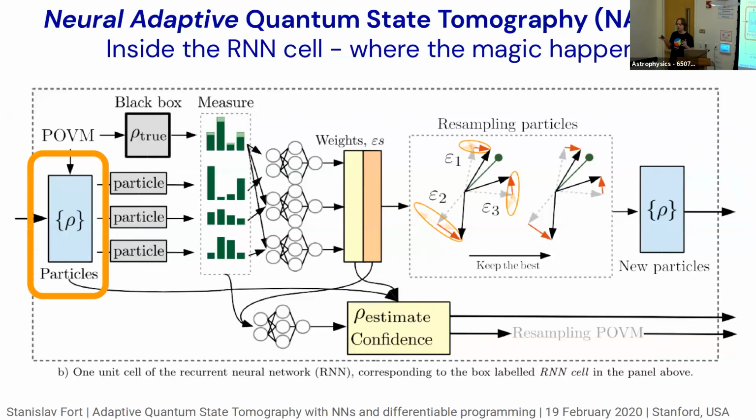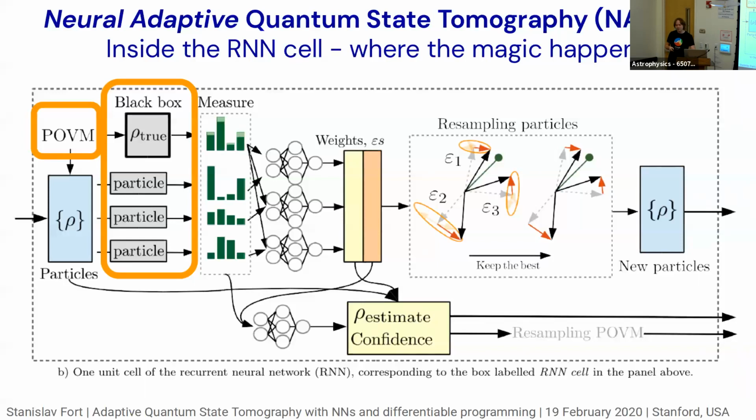Those are your samples in the space of all possible density matrices that you refined in the previous steps of the algorithm. Then what you get is the POVM, the measurement from the previous state. And you are also supplied in the training regime with the true state hidden in a black box. You don't have any access to that.